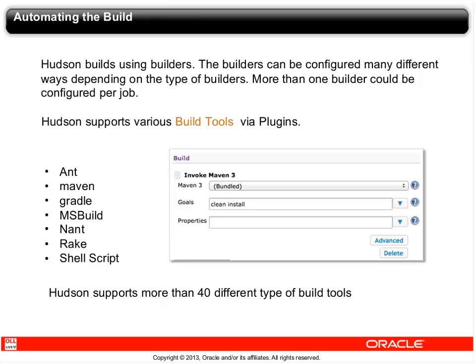Hudson understands all of those, but most of them are via plugins. They are not built in. Only Ant is built in, but you can install different plugins, and then you can use all those build tools for that purpose. I will quickly show the different types of plugins and how to install them in my next demo.